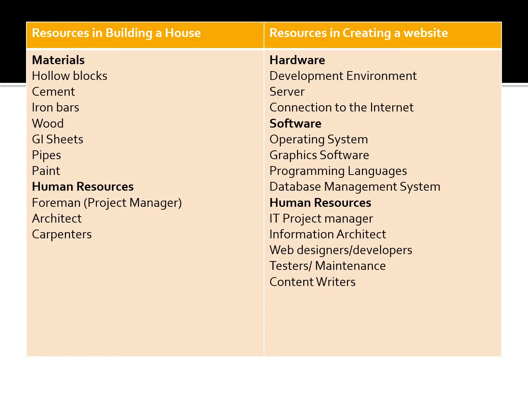Now, what are the resources in making an IT project? You view it as, say for example, you are building a house. So you have here the resources, what are the materials needed, and what are the human resources. The same as if you are going to create, say for example, a website for an IT project, you have to identify what are your resources.